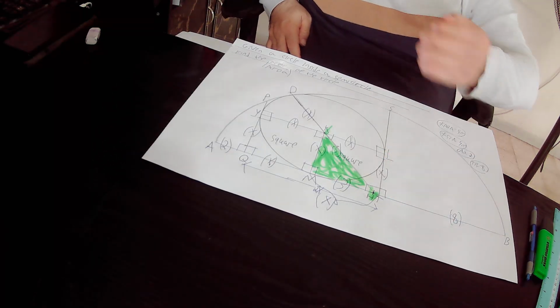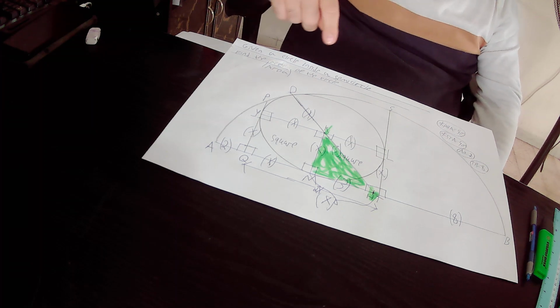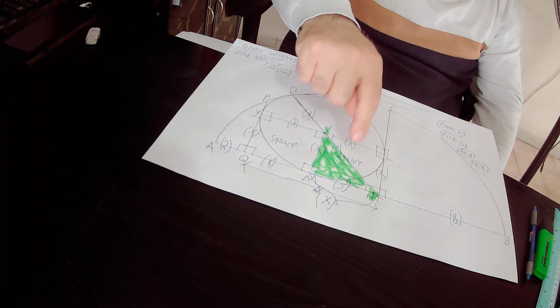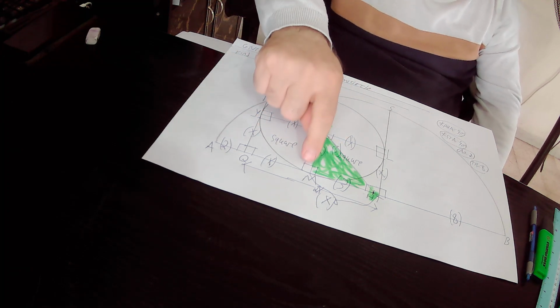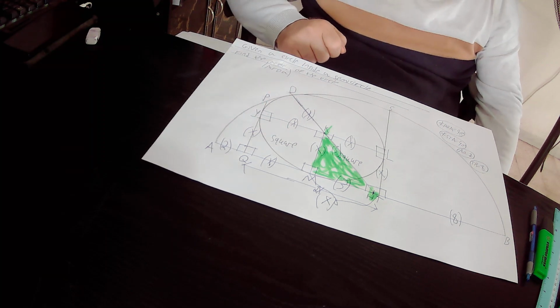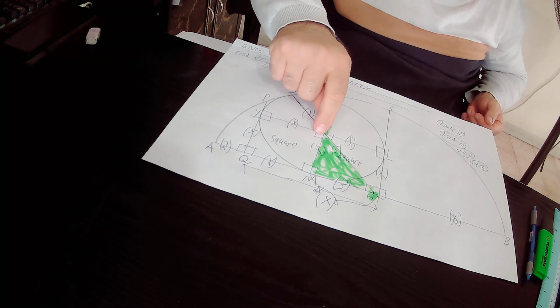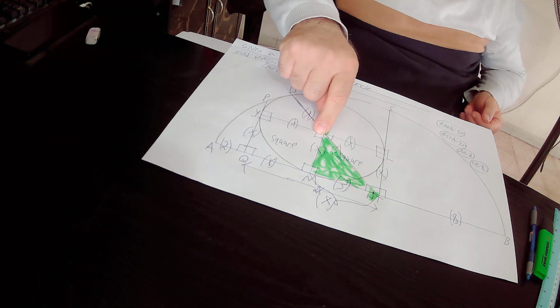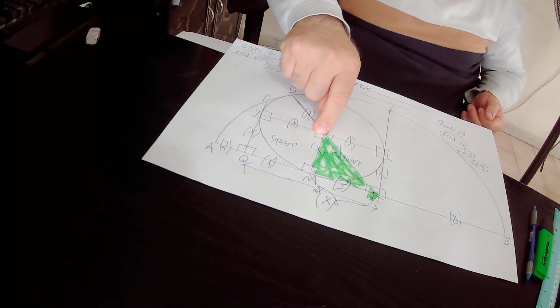So by doing this construction, we actually created here quadrilateral YKMQ. Inside this small quadrilateral YKMQ, we have 1, 2, 3 right angles. The sum of 3 right angles is 270 degrees. So 270 degrees plus the size of this fourth missing angle, in total it must be equal to 360 degrees, according to the rule that the sum of the angles in any quadrilateral is equal to 360 degrees.